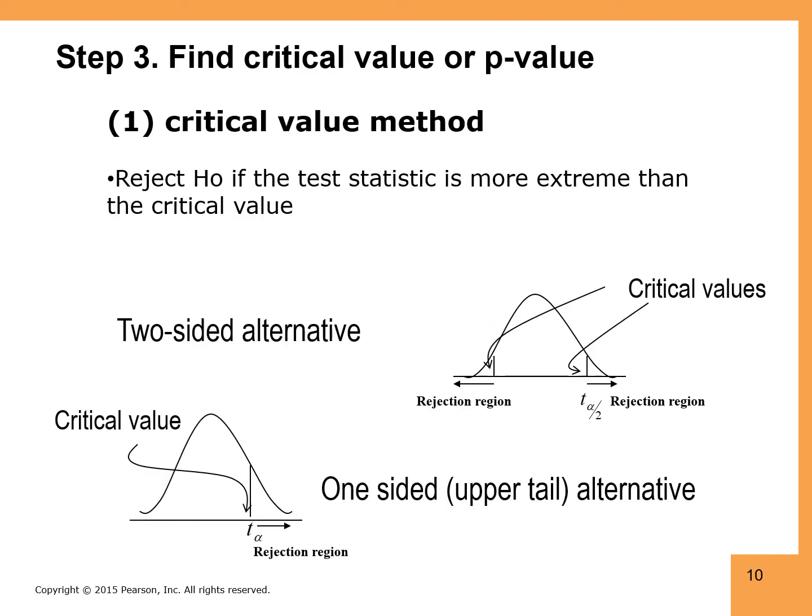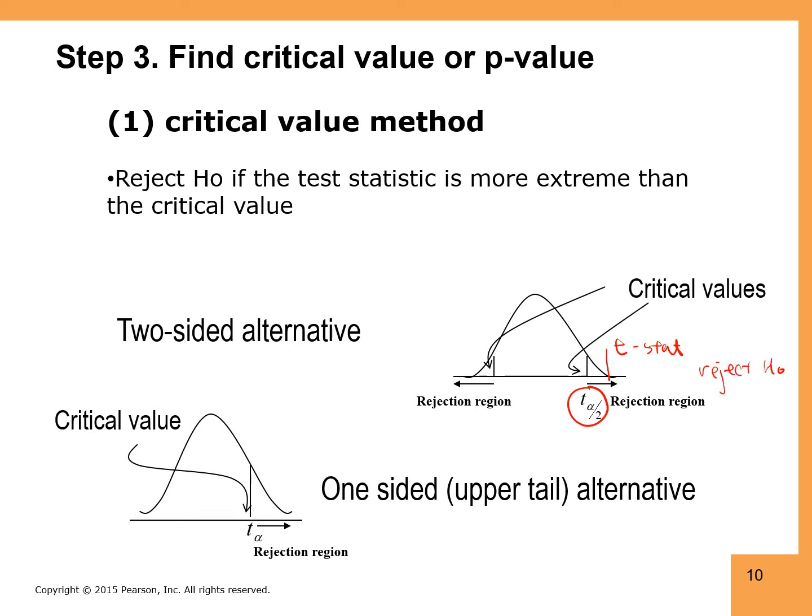So step 3 is to find either the critical value or p-value. Here we're going to start off with the critical value method. The critical value method says that once you have the test statistics and you calculate the critical value, then if your test statistics is more extreme than the critical value, you reject the null.